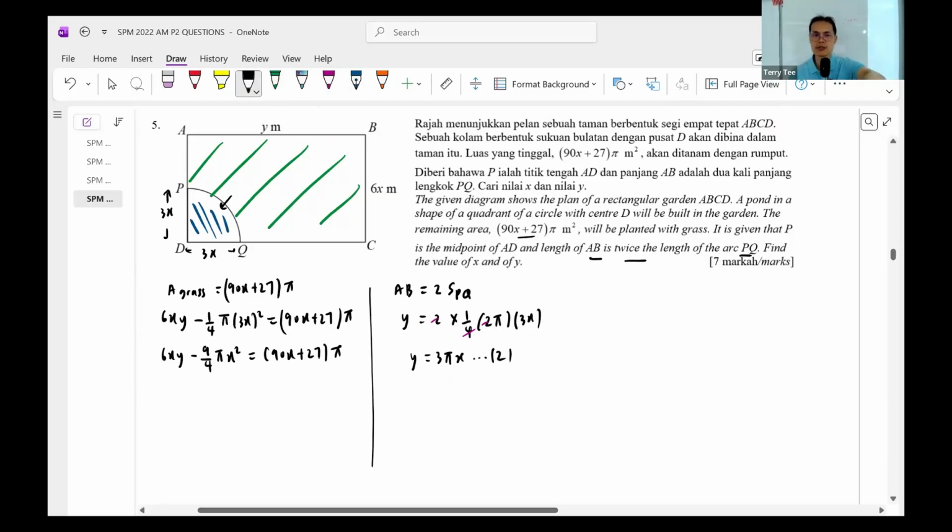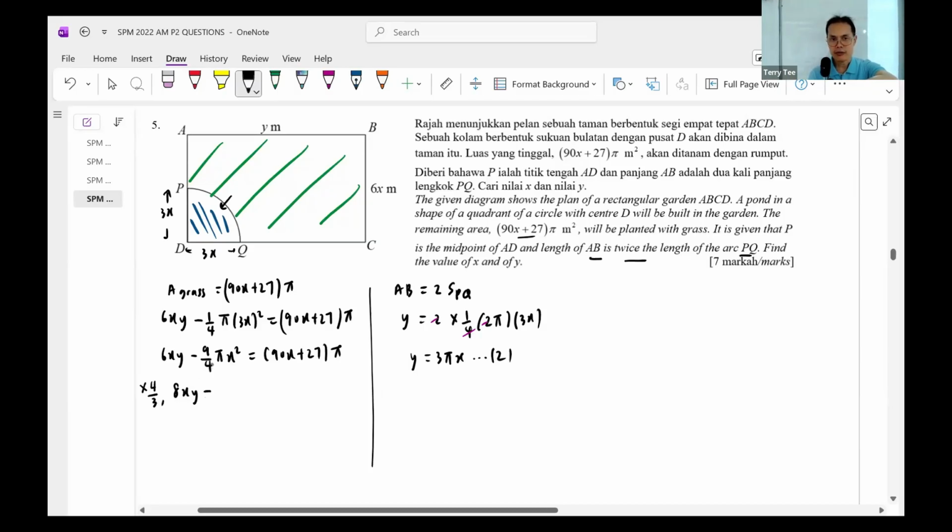Okay, you can actually substitute directly, or you can simplify first if you want. If I want to simplify first, I have to multiply by 4, and divide by 3. You can do it later if you want. Now, 6 divided by 3 is 2, 2 times 4 is 8, so 8xy.